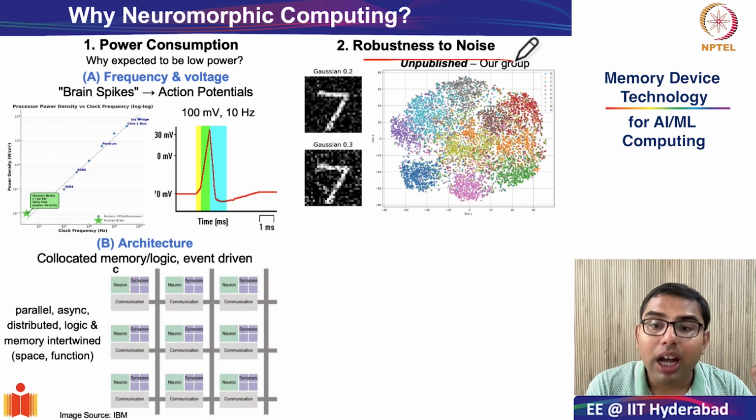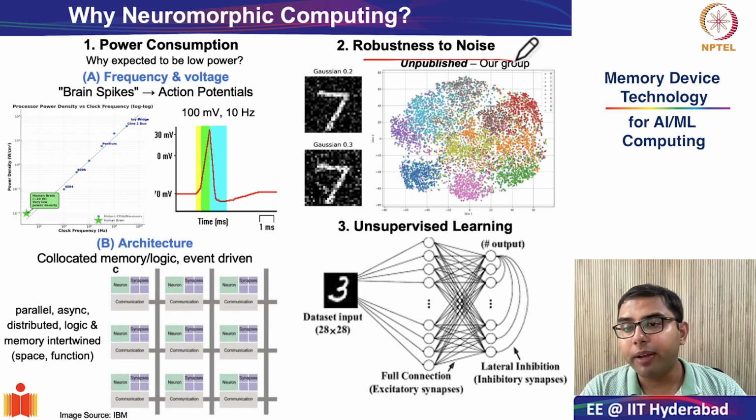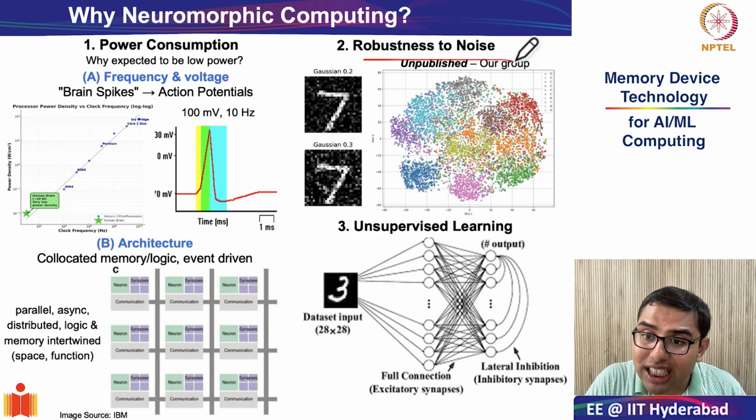The second advantage is the ability to have unsupervised learning and adaptability. Unlike today's AI systems that require enormous labeled data sets and offline training, the brain learns on the fly. It adapts continuously to new situations through localized learning rules, as we just discussed.